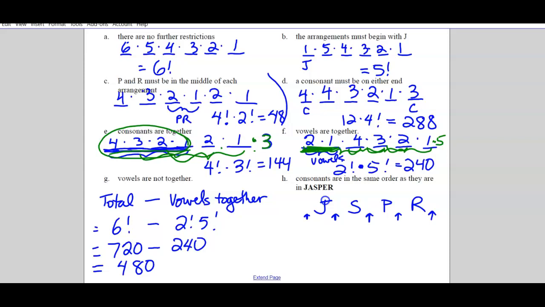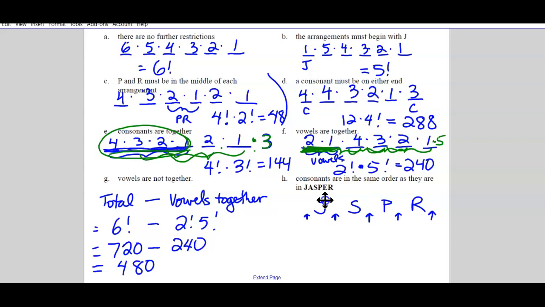Okay? For each of those places, then I have to put the E. Maybe I'll do it over here so you can see what happens. There we go. So here, J, S, P, R. So I have to put the A there, or there, or there, or there, or there.